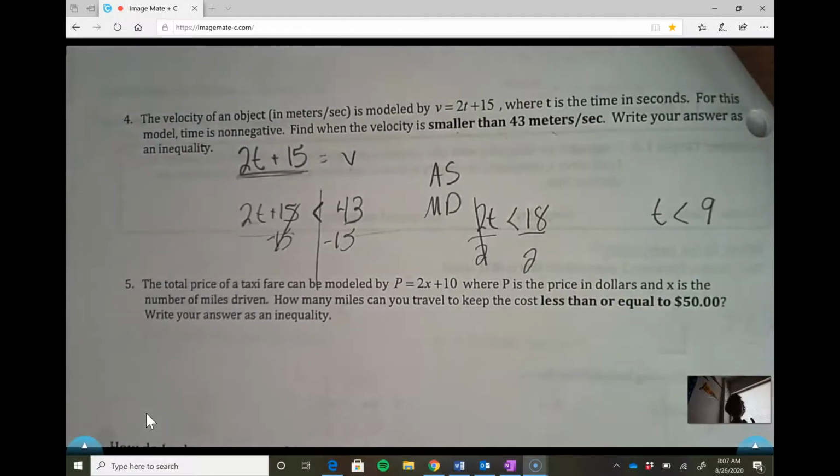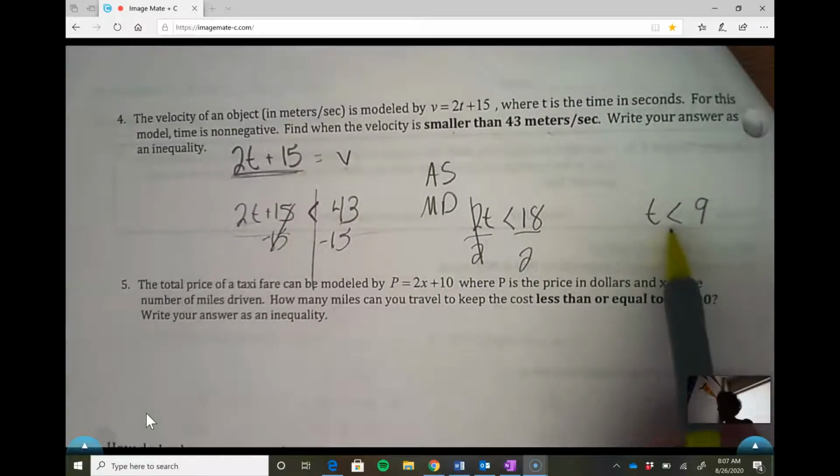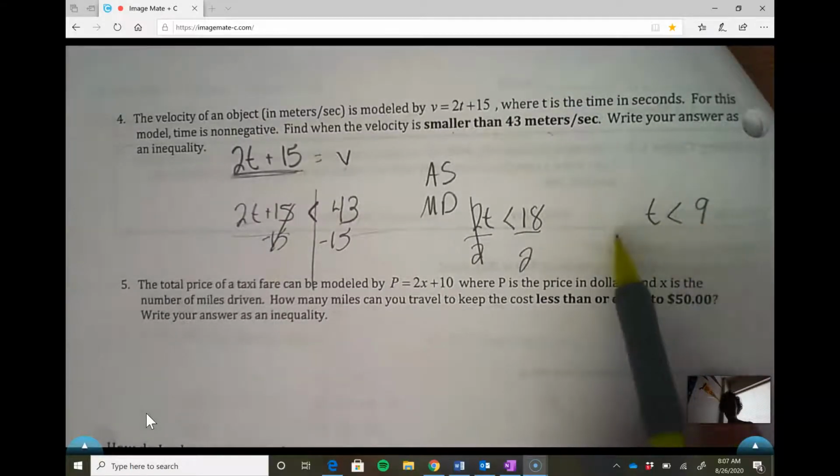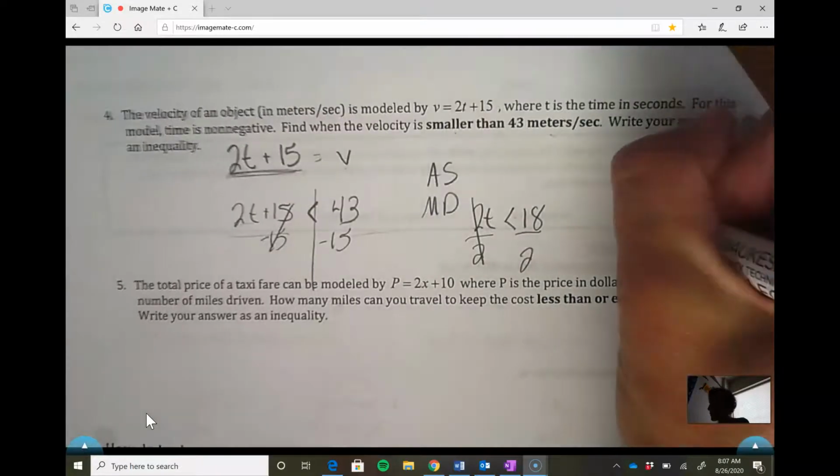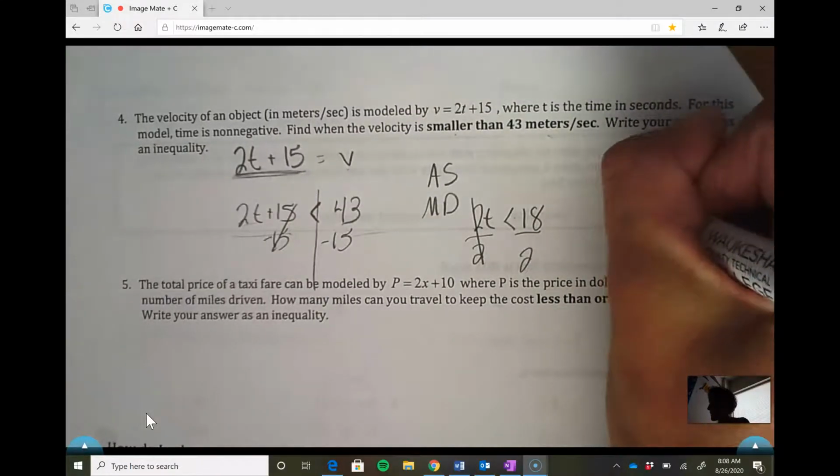So remember, this says that time is non-negative. So time has to be positive. And the way I'm showing this right now is this would be anything less than 9, which, 3 is less than 9, but so is -3. So we want to make sure that we say that this is non-negative. So what I'm going to do is throw this in here.